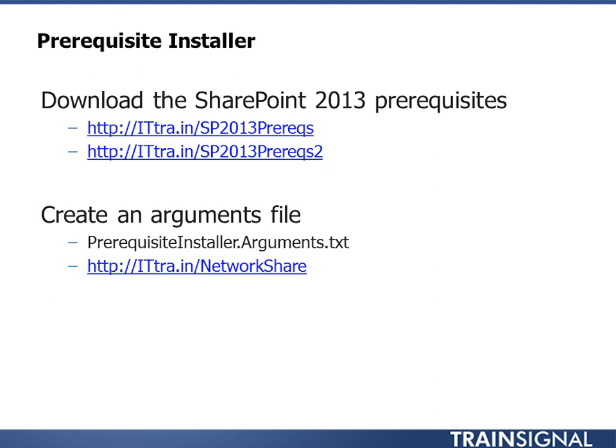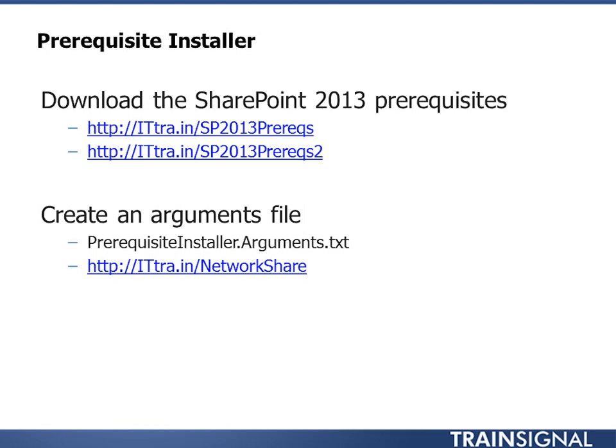Now, I've actually already downloaded all the scripts. You'll notice that I've provided a link to a couple of cool PowerShell scripts. One will actually download all of them for you, and the other two will configure the Windows roles that are required for SharePoint, and then install the prerequisites for you.